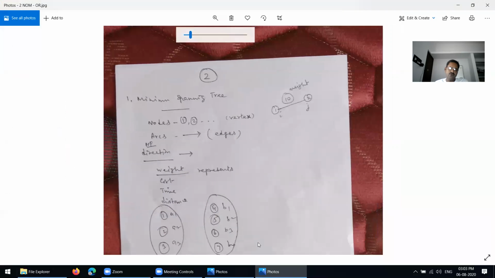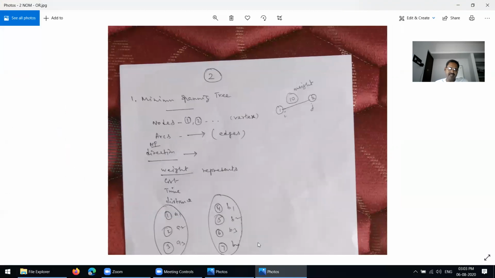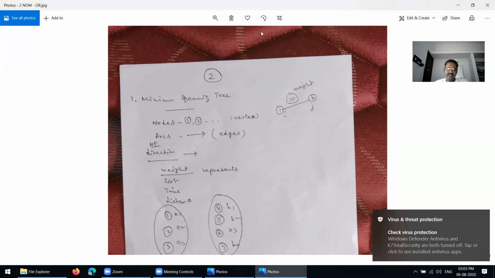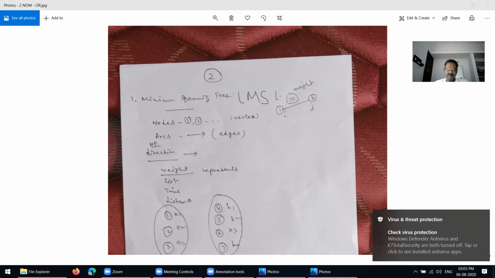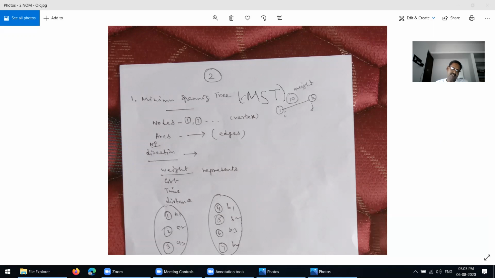Now I am going to explain the minimum spanning tree. It is denoted by MST.